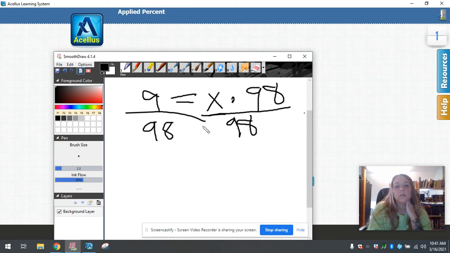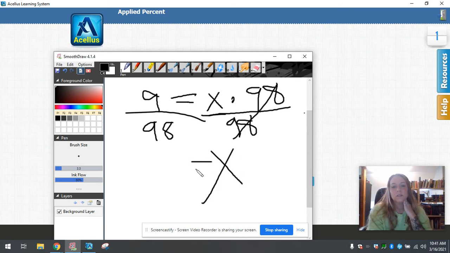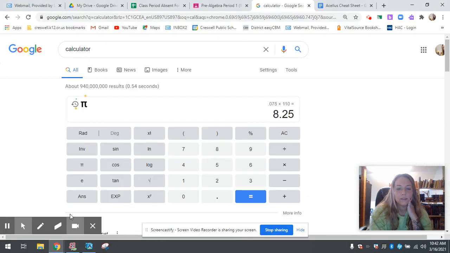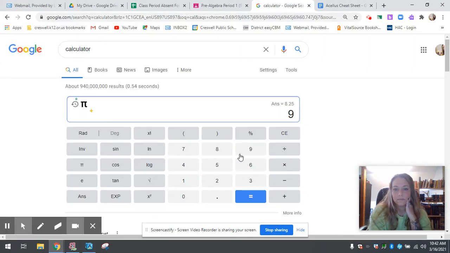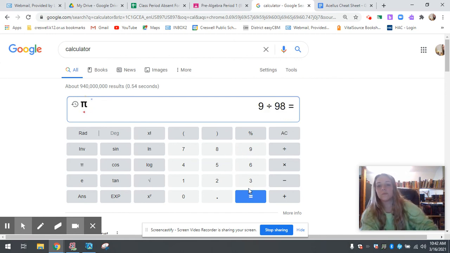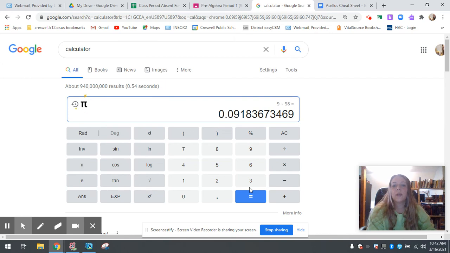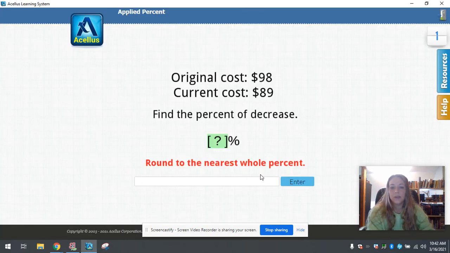Now we have x equals 9 divided by 98. What's that? I get 0.0918, and so on. It says to round to the nearest whole percent.